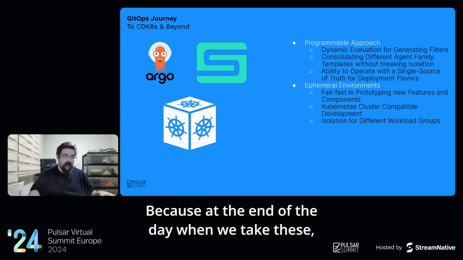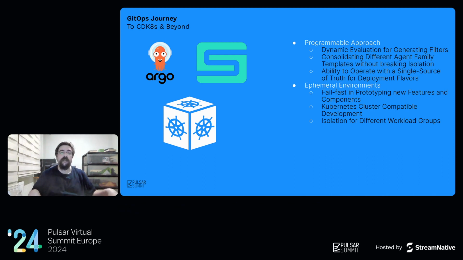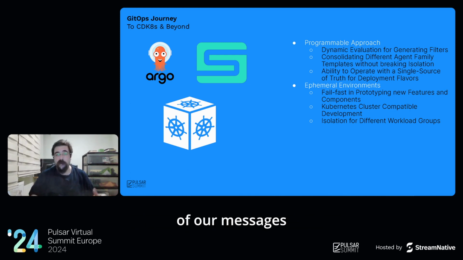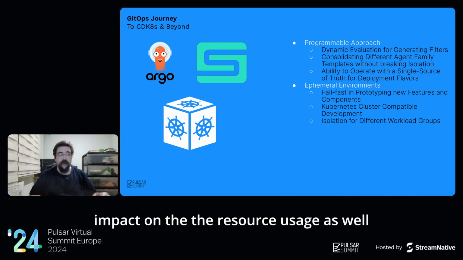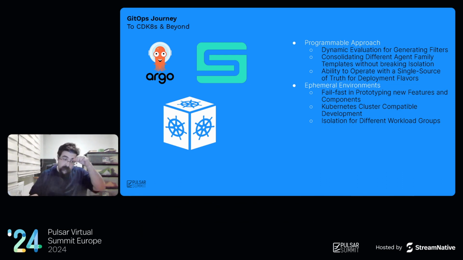Because at the end of the day, when we take these, we have composite visualizations through these metrics. For example, we track the inflow of our messages and per device impact on the resource usage, as well as whether a device is sustaining its throughput.